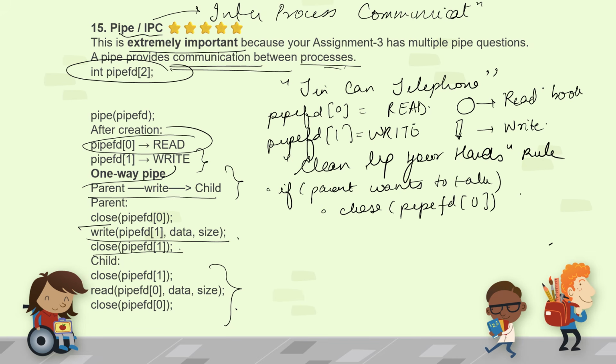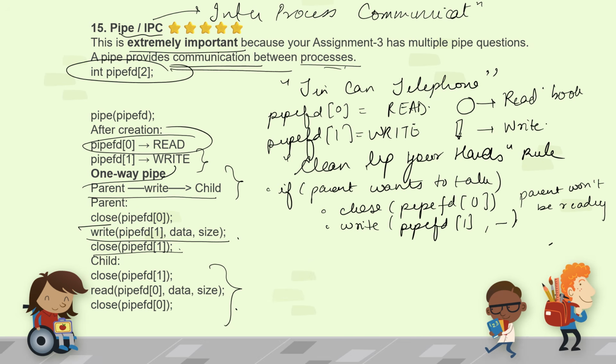That is, the parent would not be reading at that time, and the parent talks into the pencil. So write pipe FD of 1.